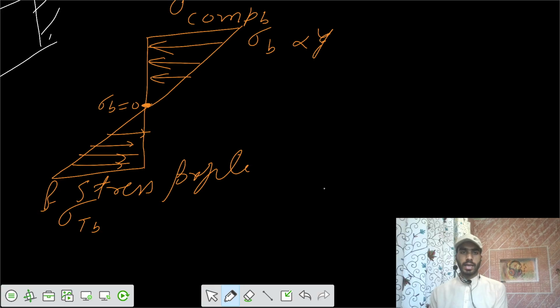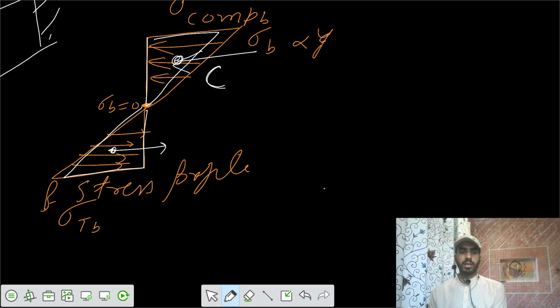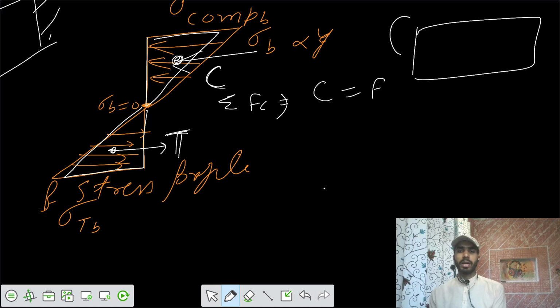Because of this effect, there is a net compressive force C, and because of this effect, there is some tensile force T. Because of force equilibrium, C equals T, because there is no external force on the section. There was only bending moment applied, no shear force or any other external force.